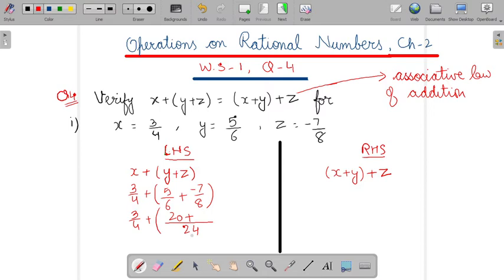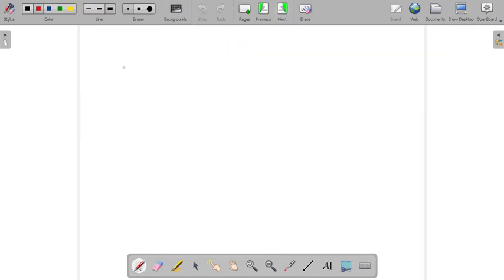Plus, 24 divided by 8 you get 3, and 3 multiplied by minus 7 would be minus 21. Since it is negative, keep it in the bracket. Instead of this curly bracket, you will put this square bracket. What should be the next step? In the next step, you will solve it further.